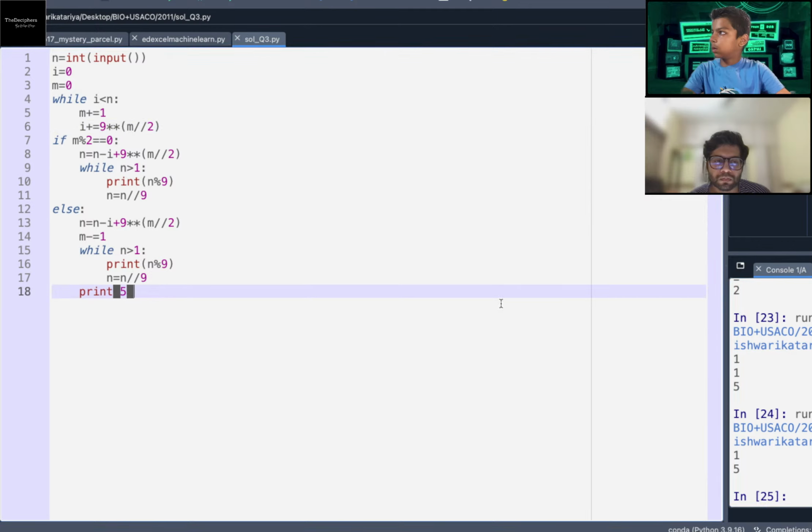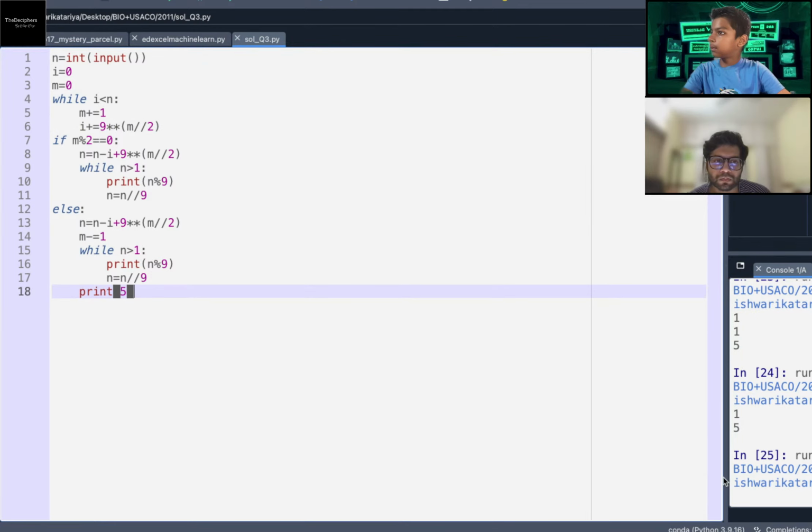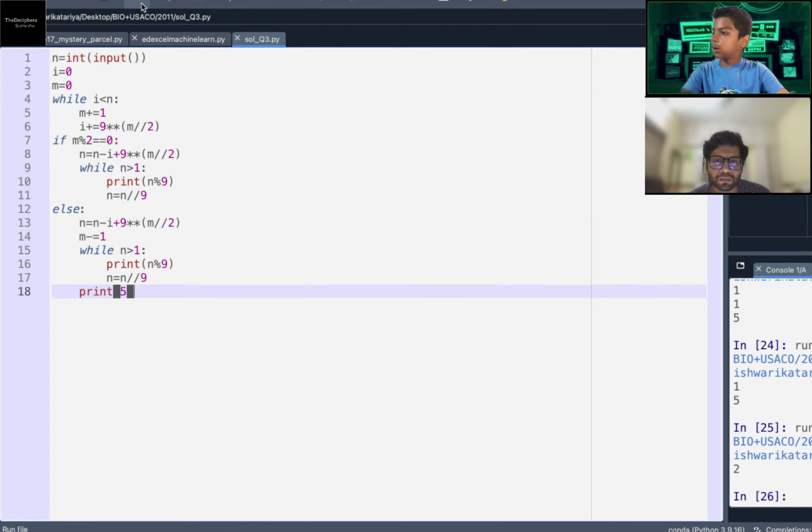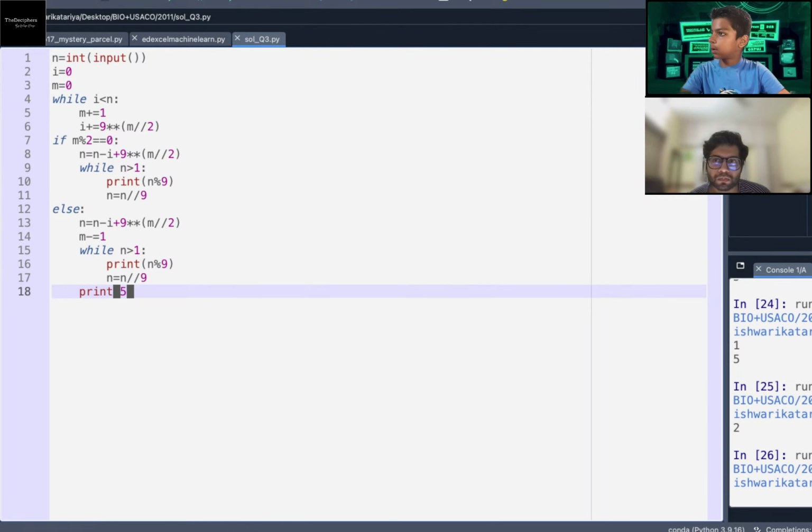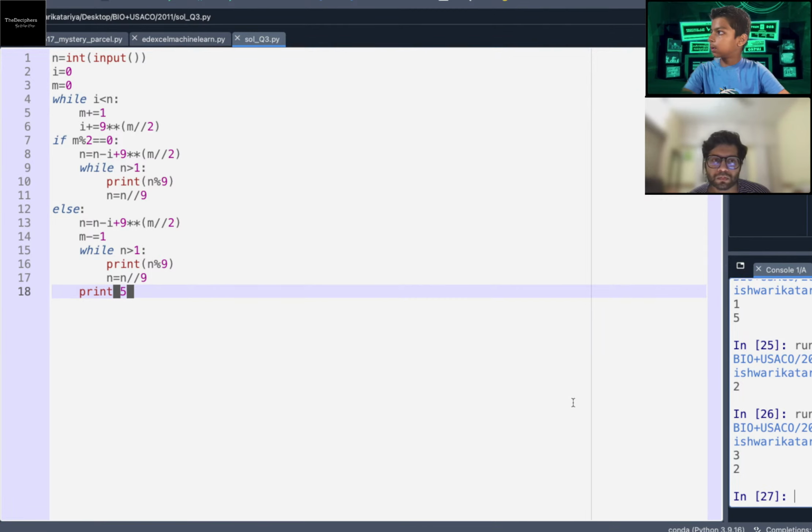So 1, 5. 2 is nothing. 3, 2. That's it. Yeah, because I think for 2 it said that m equals 1, and so when we took away 1, I guess that turned to 0.